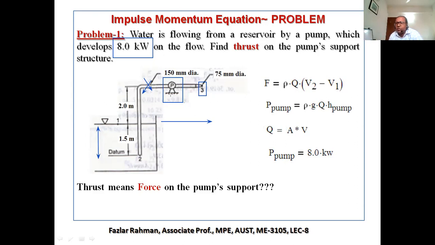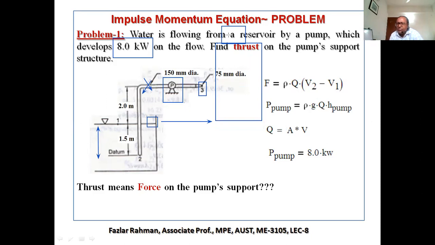This is a simple problem, but the same thing might be with this height of the water. Instead of 2 meters, it might be 20 meters, or it might be 100 meters, or your pump might be right over here, and you are delivering water to a rooftop, say a 7-story or 8-story building or 20-story building.